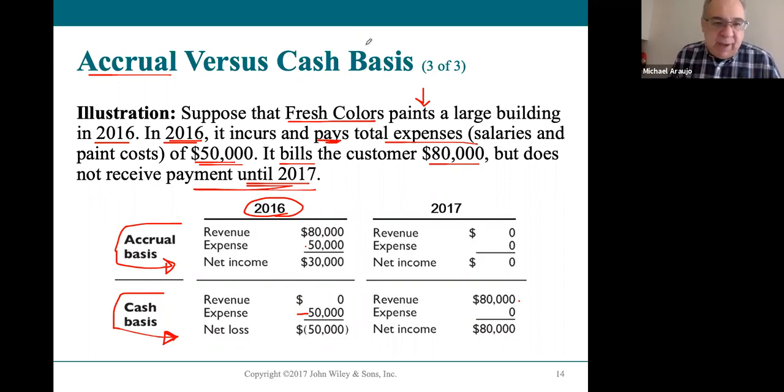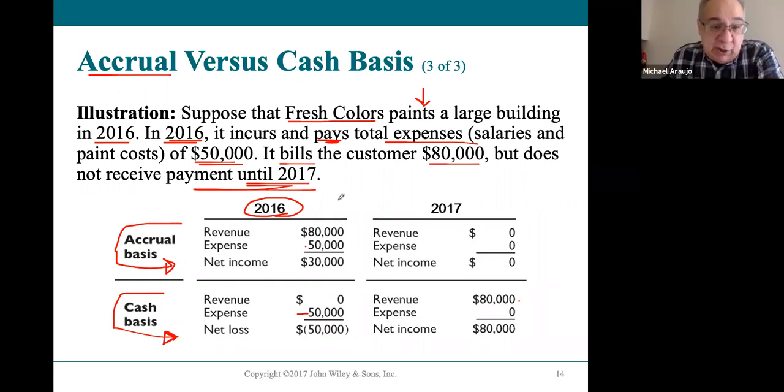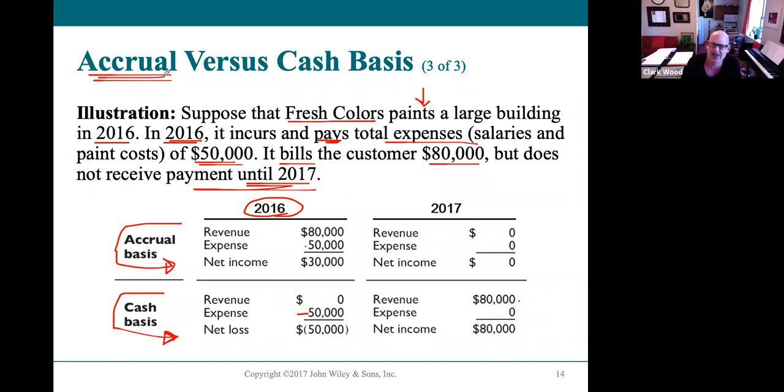They wouldn't even have to make the recording earlier. The one in 2016 says revenue 80, but they're not getting paid until 2017. Right. So, but yes, that's true.